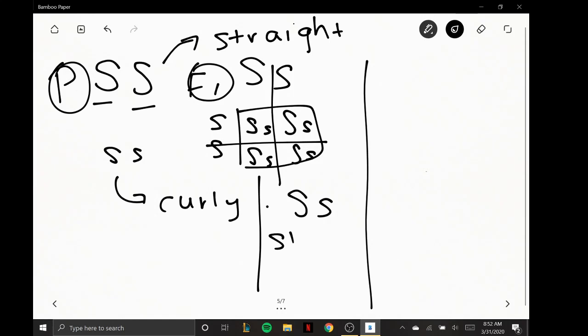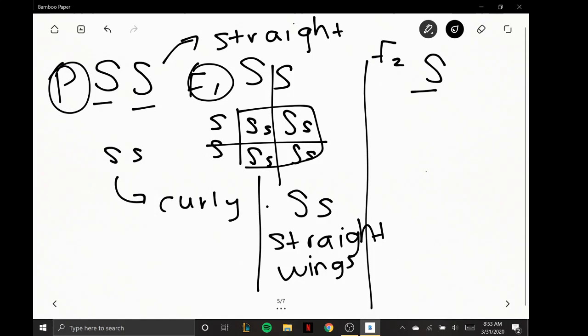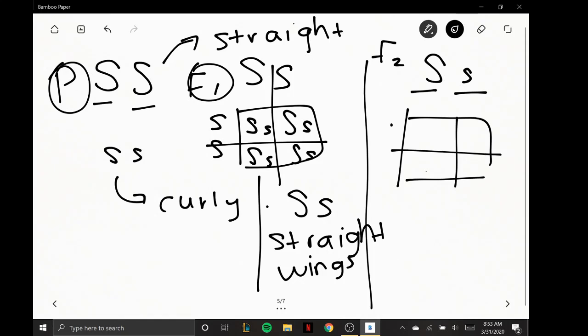So all of them are going to have straight wings, but they have the gene for straight wings, and they have that hidden allele for curly wings. So when you cross in the F2 generation, you cross one that has a straight wing allele and a curly wing allele, and another one that has a straight wing allele and a curly wing allele.